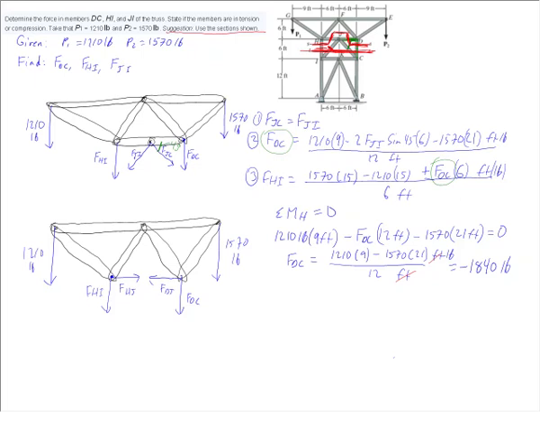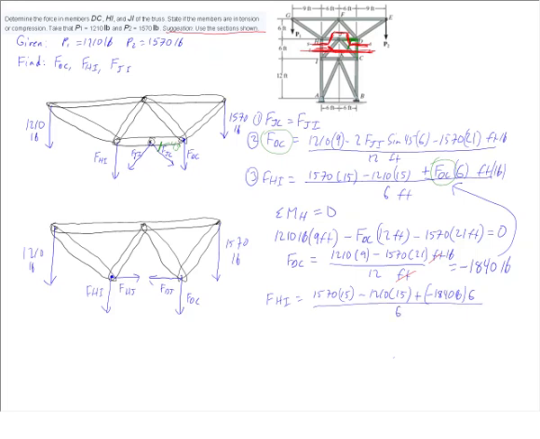Now I can find FHI directly by plugging this in right here. So my FHI equals 1570 times 15 minus 1210 times 15, plus my negative 1840. It's very important you keep that negative in there. Times 6 all over 6.